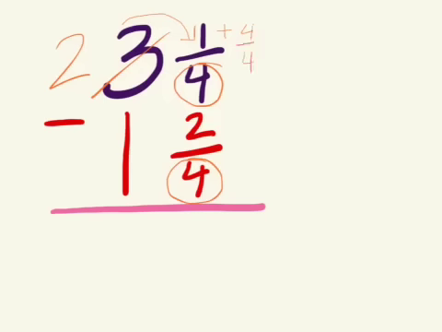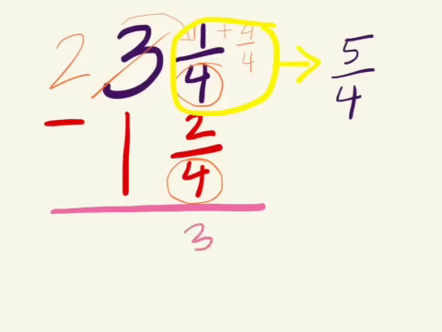So when I recombine this 1 fourth plus 4 fourths, what I really have now is 5 fourths. And that's great because I can take 2 fourths away from 5 fourths. 5 minus 2 is 3. So 3 fourths.